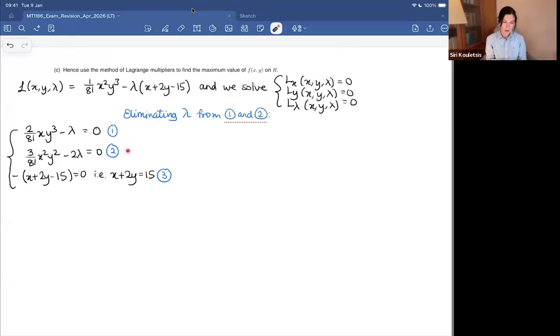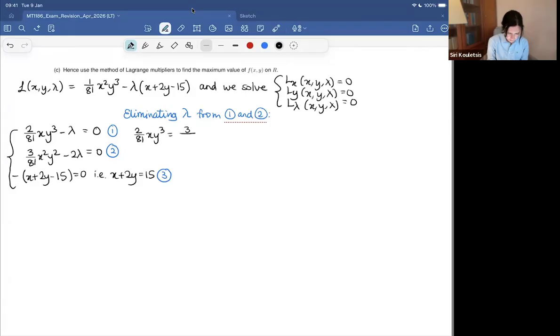And so in order to make lambda the subject, we need to divide here by 2, so lambda equals 3 over 2 times 81 x squared y squared, and then we can equate these two expressions for lambda. I'm just going to write it like this, 2 times 81.